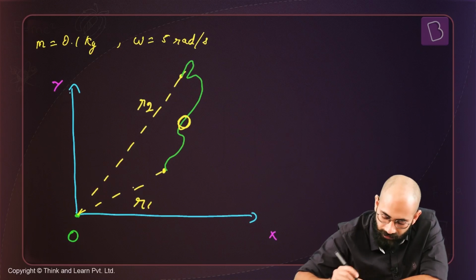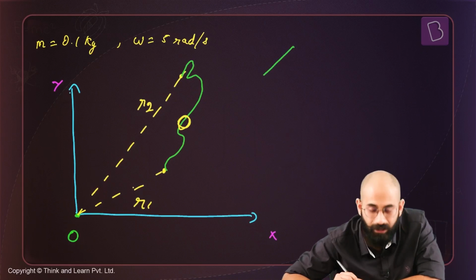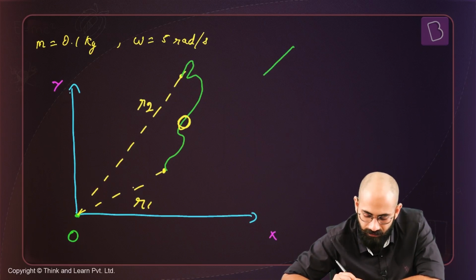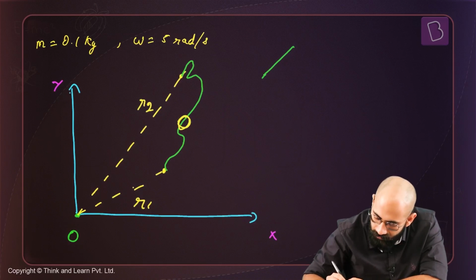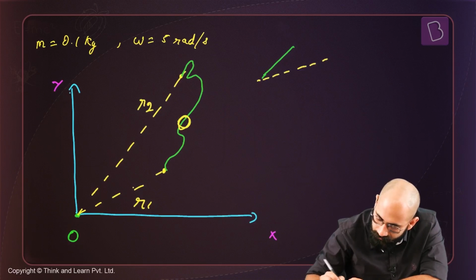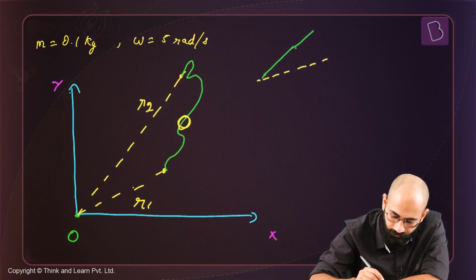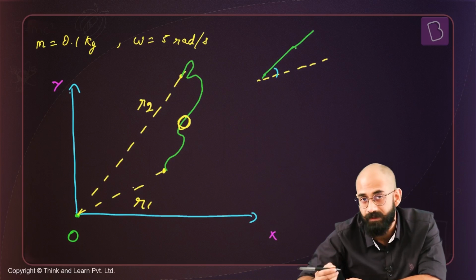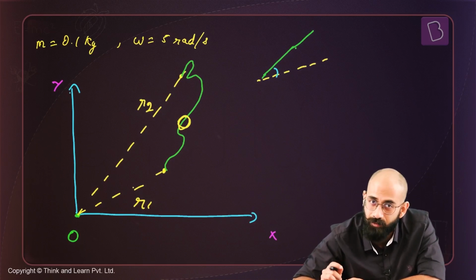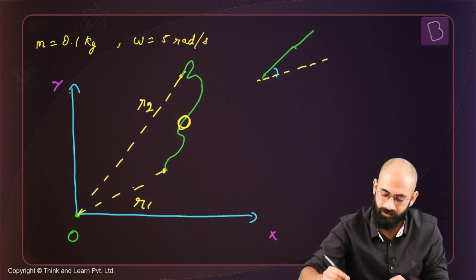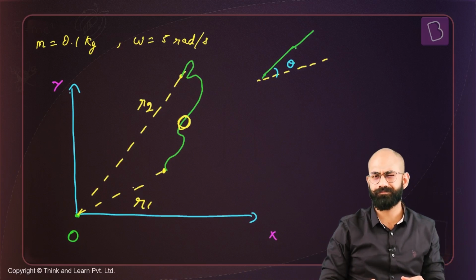So let's say that in that small portion, the body is moving like this, and the radial vector, let's say, is somewhat like this, and that angle, let's call it theta. That instantaneous angle that the displacement vector makes with the line joining the point of rotation and this point, basically the radial vector, that let's say is theta, like this.